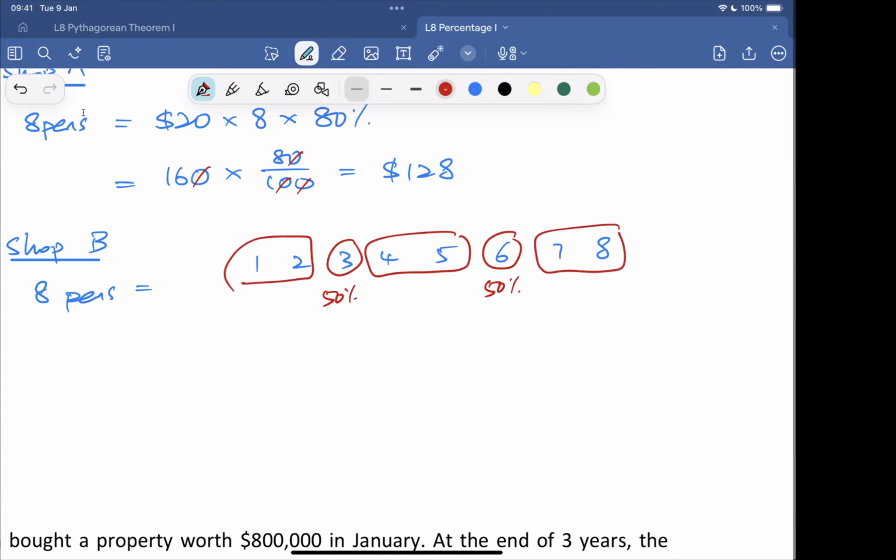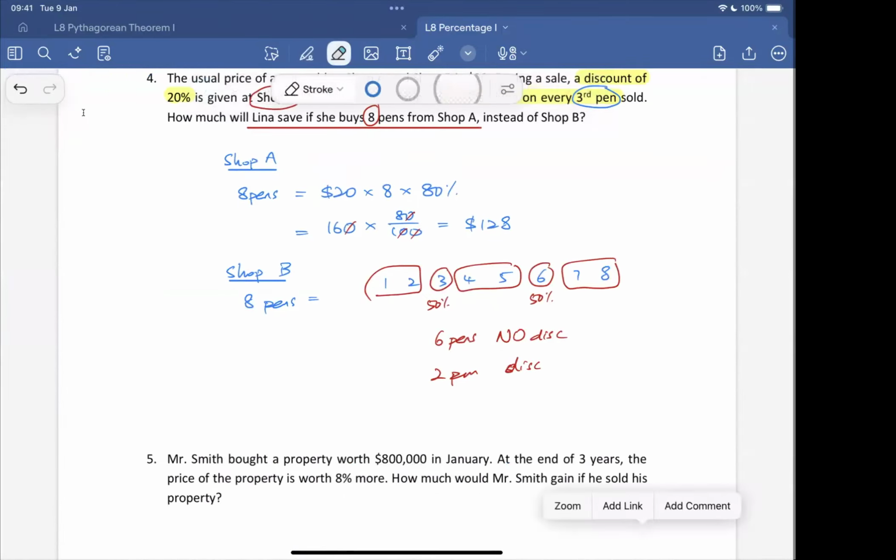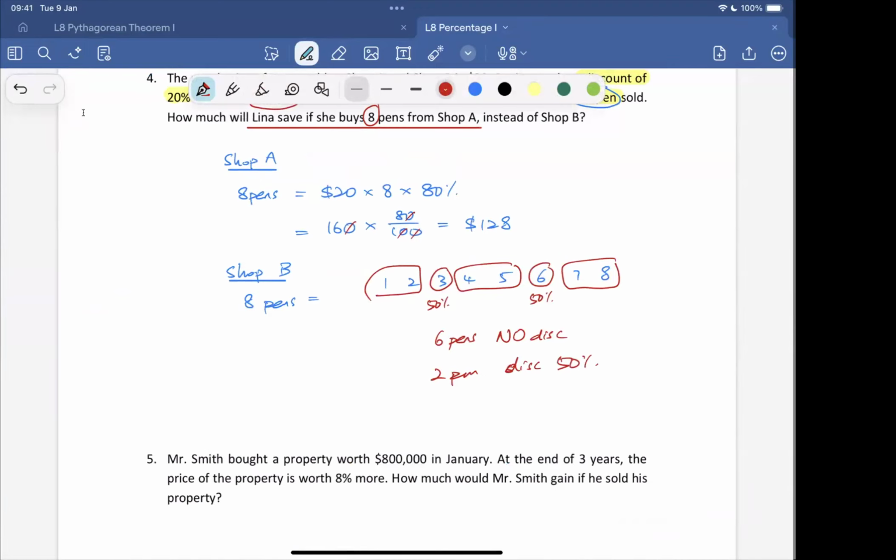So how many will have no discount? How many pens have no discount? 6 pens, right? No discount. How many pens with the discount? 2 pens with a discount. Sorry, 50%, not 20%. 50% discount.